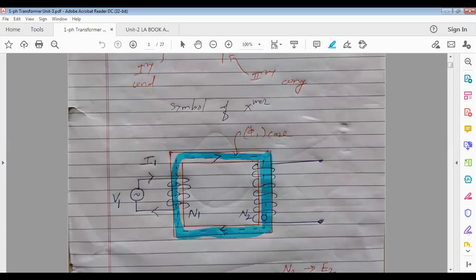So as per Faraday's law of electromagnetic induction, whenever there is a relative motion between magnetic field and conductor, either conductor is rotating or field is rotating, what will happen according to Faraday's law of electromagnetic induction? All of you know Faraday's law of electromagnetic induction. You have studied it in 12th.